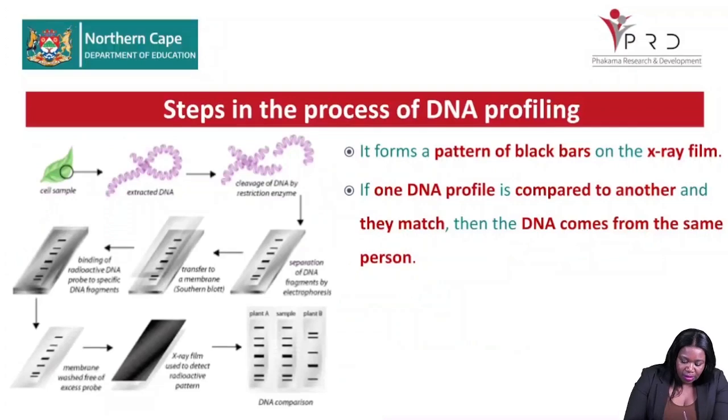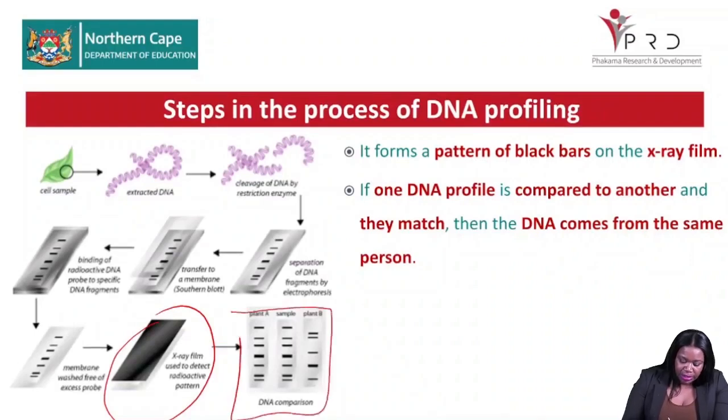So the sample will be taken, then the DNA will be extracted by breaking it into pieces. It is then going to be mixed with the correct probes, and then it will be placed in that X-ray, and this is what we will be left with at the end of the whole process, right?